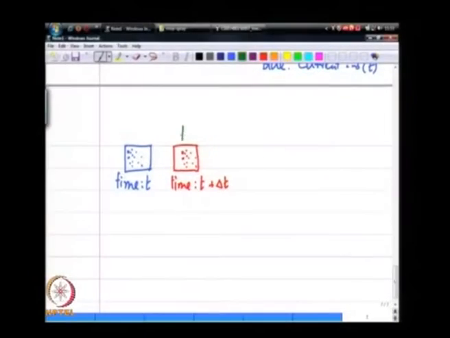The way this is done is, I take the segment at time t plus delta t and move it over to the image at time t, and look at the amount of displacement that I have to make to the image, both delta x and delta y.